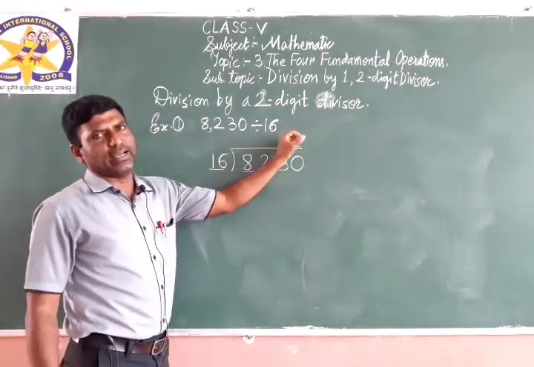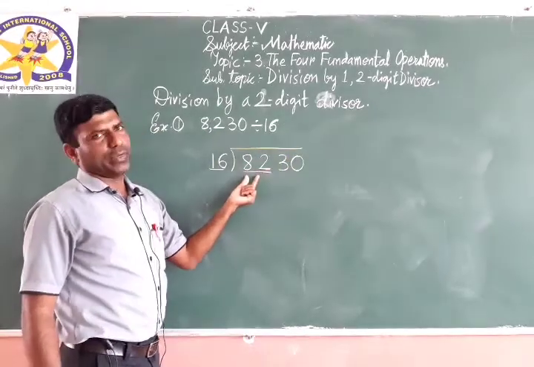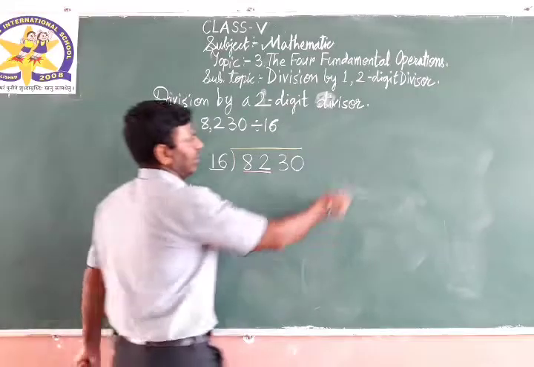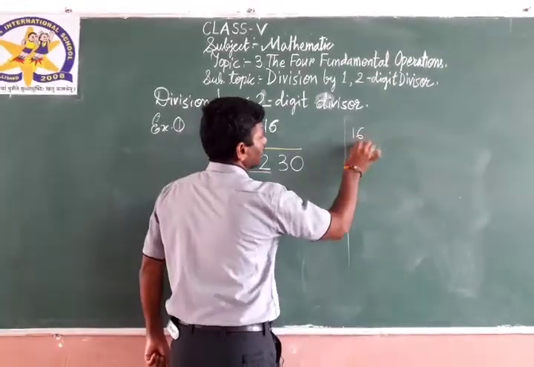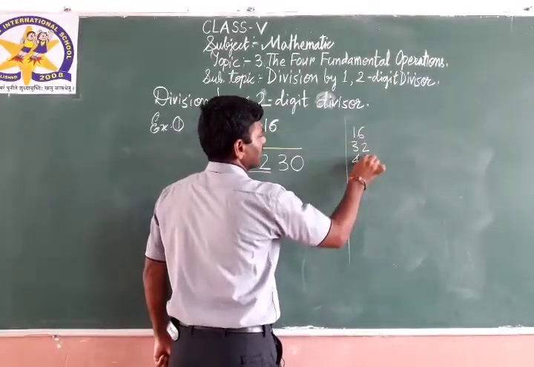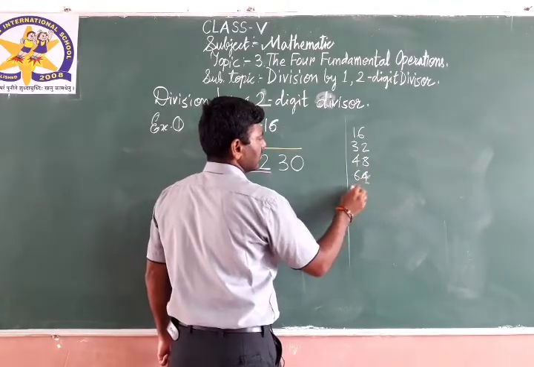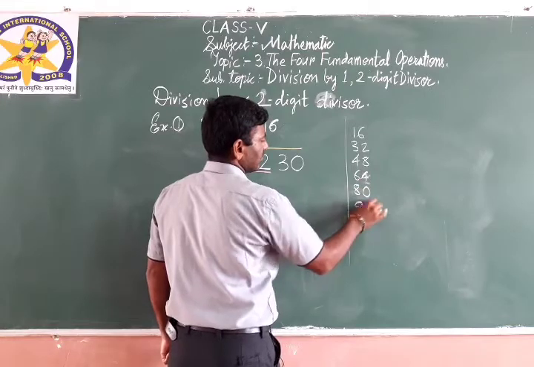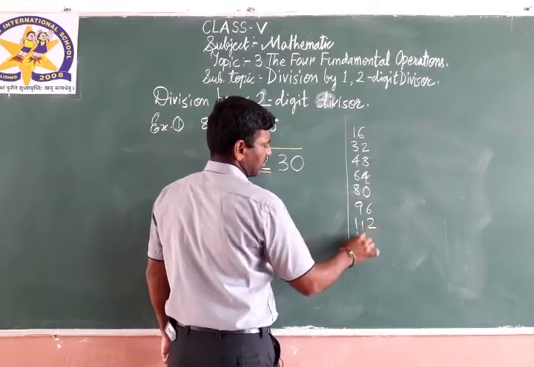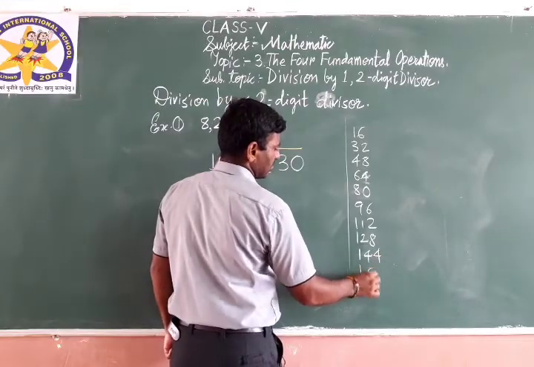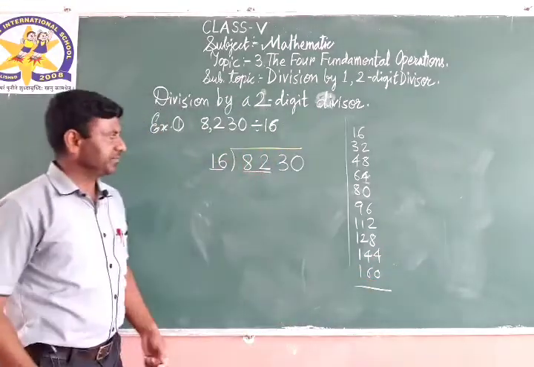Forget that this is 30, focus only on 82. So in the 16 table, you can write the 16 table if you want. Okay.